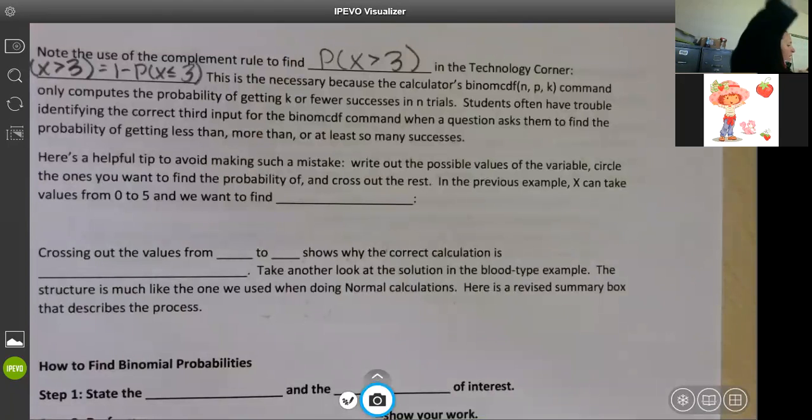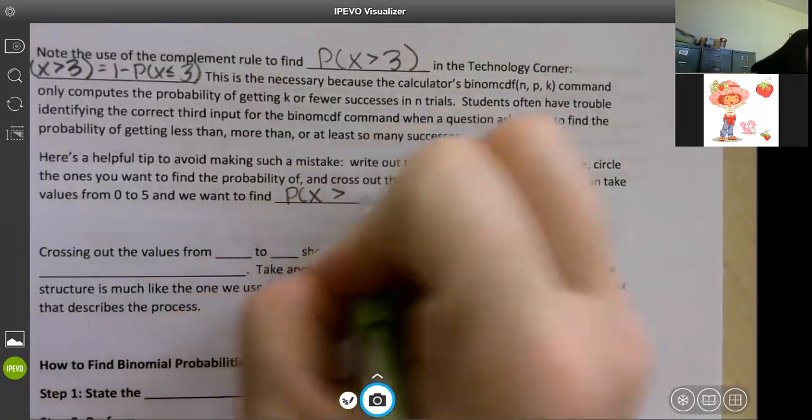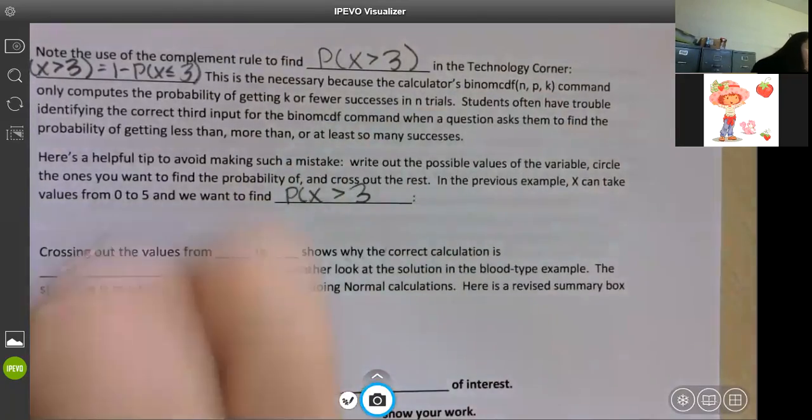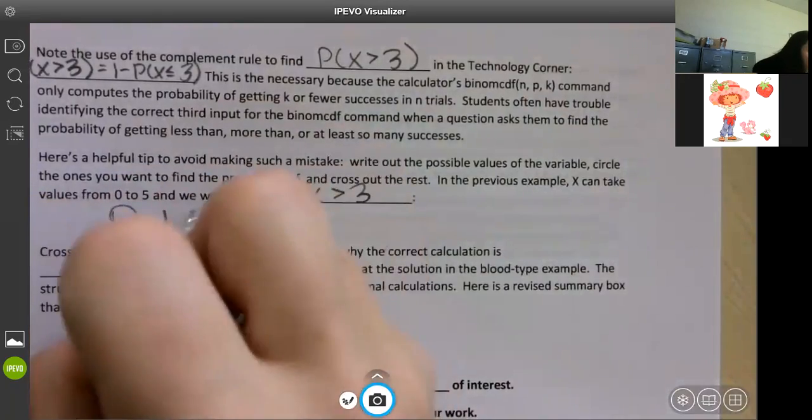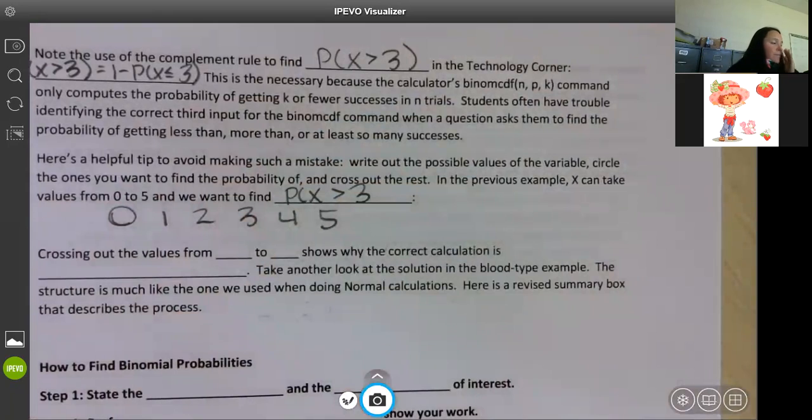Write out the possible values of the variable. Circle the ones you want to find the probability of and cross out the rest. In the previous example, X can take values from 0 to 5, and we wanted to find the probability that X was greater than 3. So we can have 0, 1, 2, 3, 4, or 5 successes.